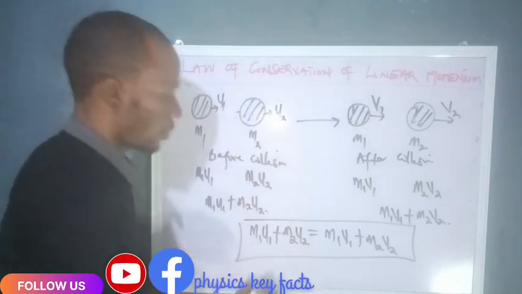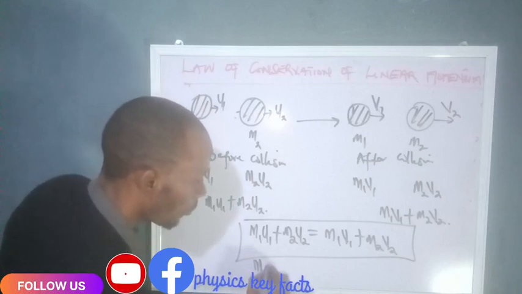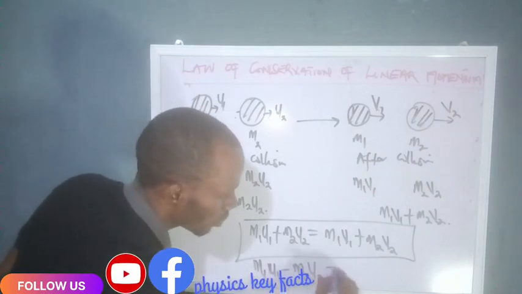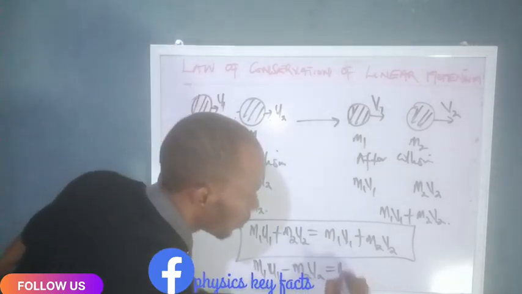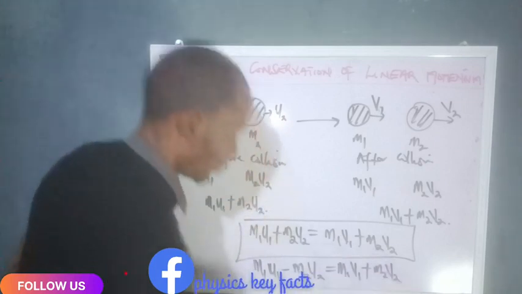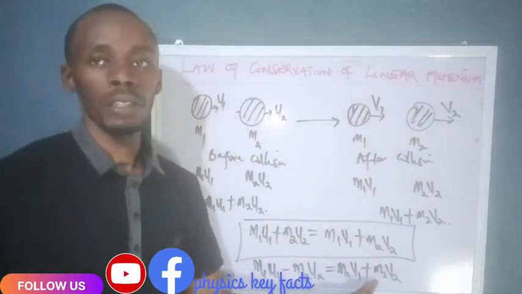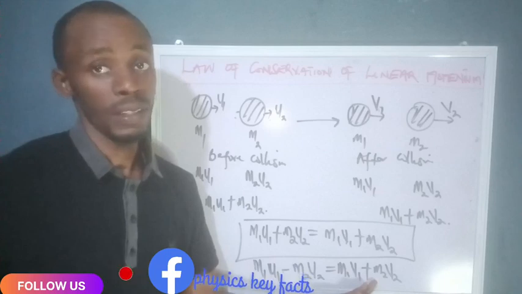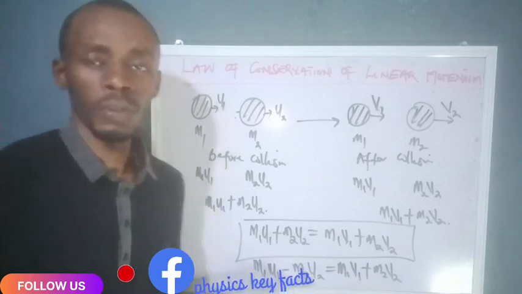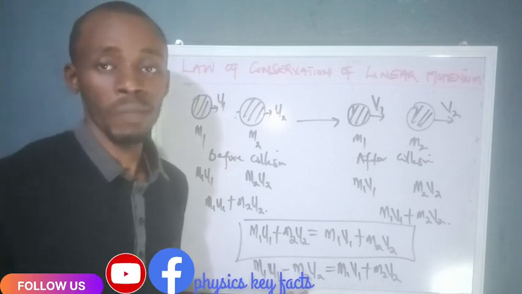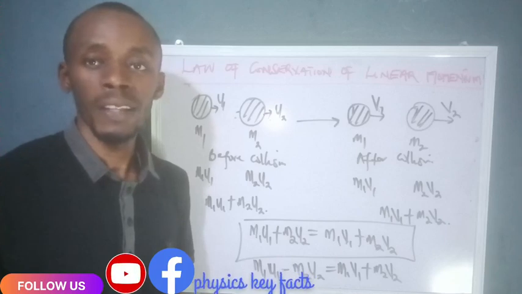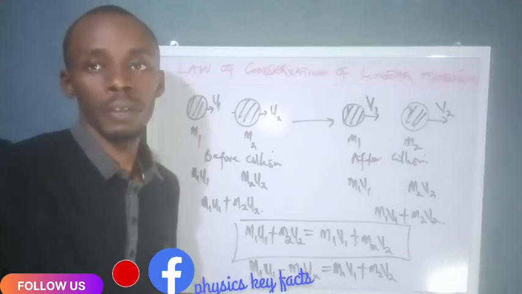So I could have another formula that m1 u1 minus m2 u2 is equal to m1 v1 plus m2 v2. Please, here is positive. It doesn't change. So I hope this makes sense.